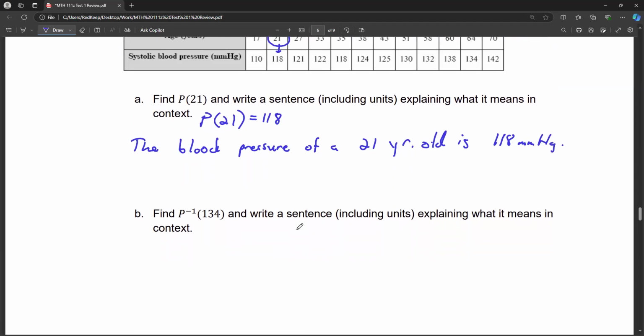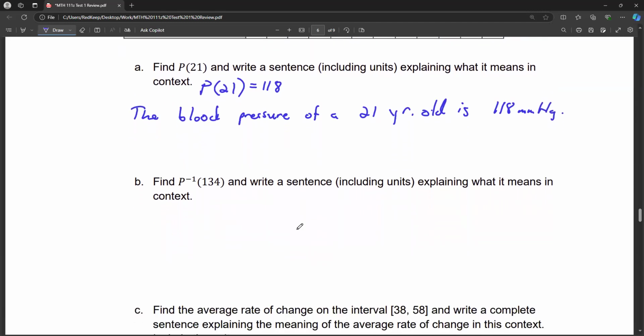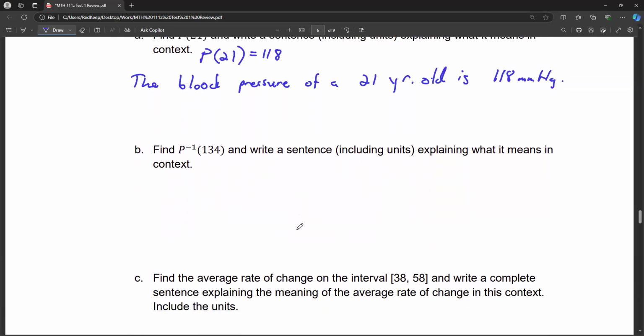Okay, so part B here. They say, well, find, and they have this notation of p to the -1. This would be read as find the p inverse of 134 and write a sentence explaining what it means in the context. Okay.